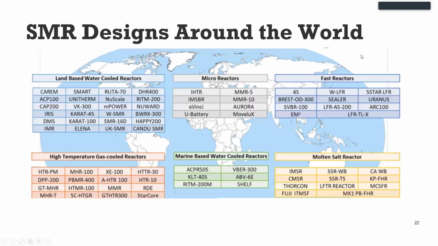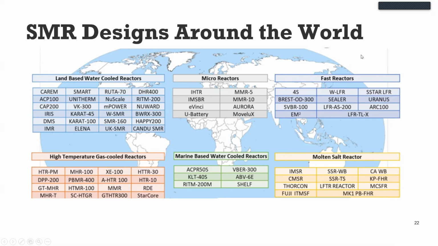So we have different designs of SMRs, as I articulated in the first slide, around the world, and they take on the traditional concepts which have been there. Some research and innovations show that SMRs could have the potential to unlock nuclear fusion.